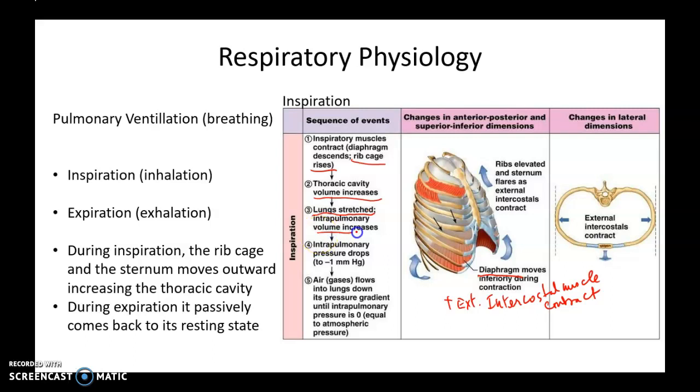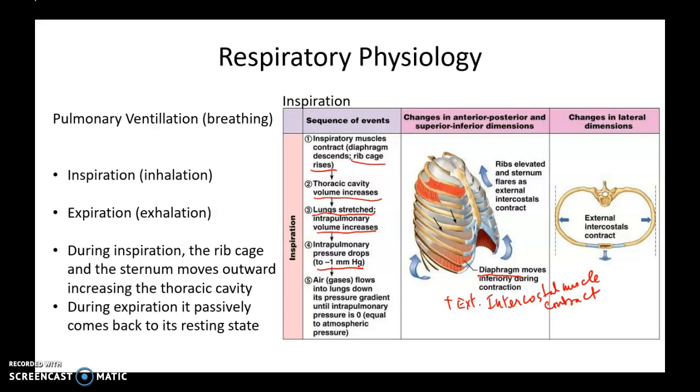So as the lungs are stretched, what will happen to the inside volume? Obviously, volume will increase. Remember, I talked about the volume and pressure relation. If you have more volume, what happens to the intrapulmonary pressure? Intrapulmonary pressure is the pressure within the lung. So as volume increases, the intrapulmonary pressure drops to -1 millimeter of mercury.